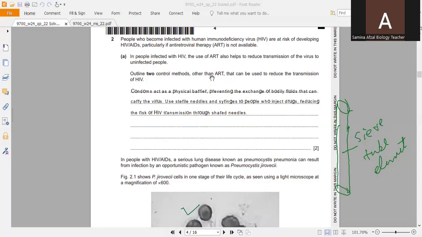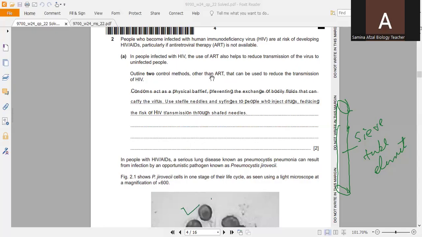Secondly, use of sterile needles, because the second method by which HIV is transferred is the use of the same syringe for many people. People who are addicted make use of this method, that is, many persons use one syringe only.